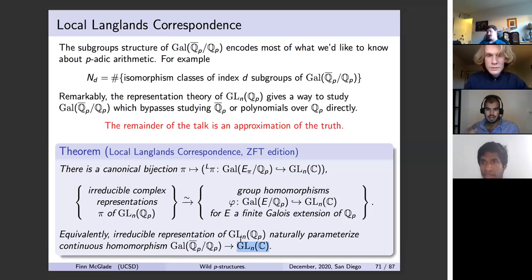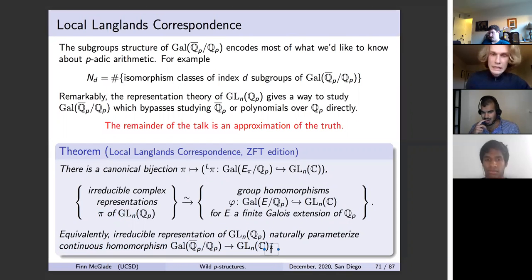Question. So that field extension E, is that every finite field extension of Q_p? No, this is fixed. Once you give me a pi, there's an E_pi, which is a fixed extension that depends on pi. So how would that correspond to a homomorphism from Gal(Q_p-bar/Q_p) to GL_N(C)? Right, because there's a restriction map. If I have an element in here, I can restrict it to E. If you give me an irreducible representation, suppose I could associate a continuous homomorphism like this.